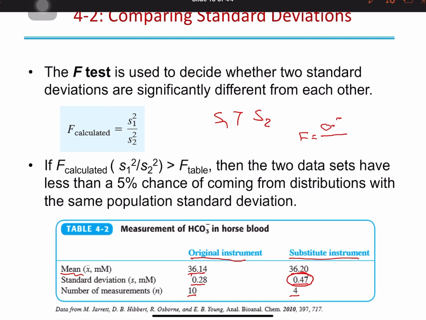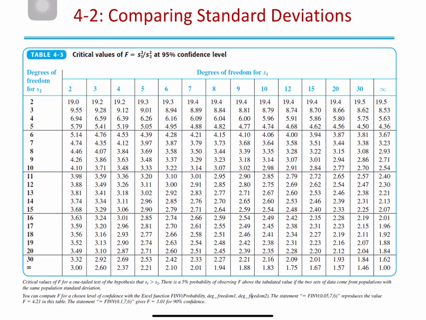So it's 0.47 squared divided by 0.28 squared. Then we calculate and find the value. Then we have a look at the table.